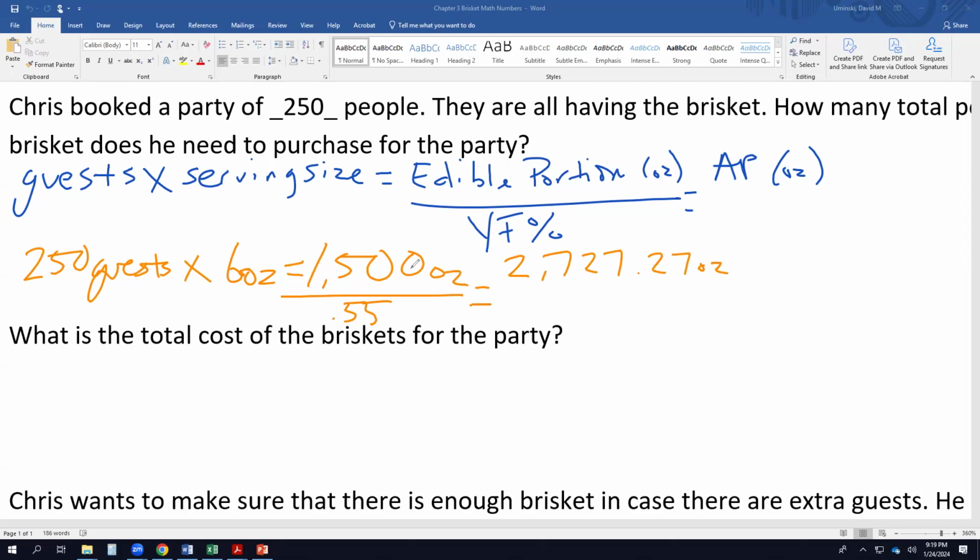Do I call Cisco and say, hey, Cisco, I need 2,727 ounces? No. How do we usually order meat? By the pound, right? So what do we have to do here? Divide by 16, right? We're going from bigger to smaller. So in this case, we're dividing by 16 ounces.